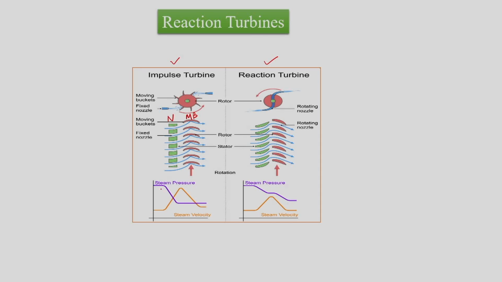So there will be enthalpy drop and pressure decrease in the nozzle, and then pressure doesn't change in the moving blades. Velocity will increase in the nozzle, then velocity will decrease in the moving blades. So this is the fundamental in which impulse turbine works.